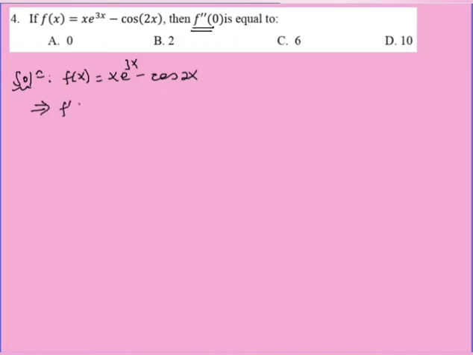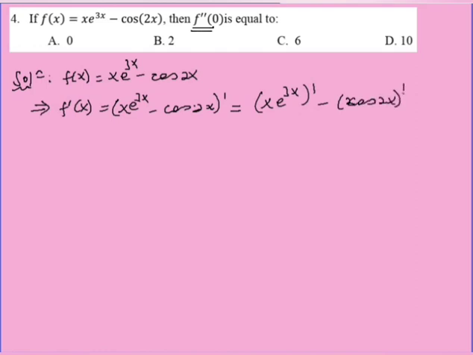The derivative of this function is the derivative of x e to the power of 3x minus the derivative of cos 2x. Using the rules of derivatives, we can apply the product rule here.